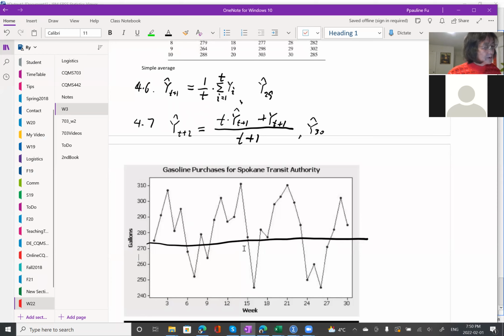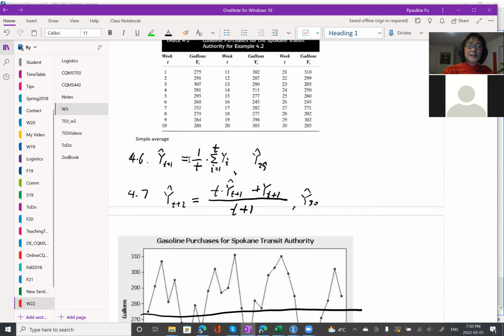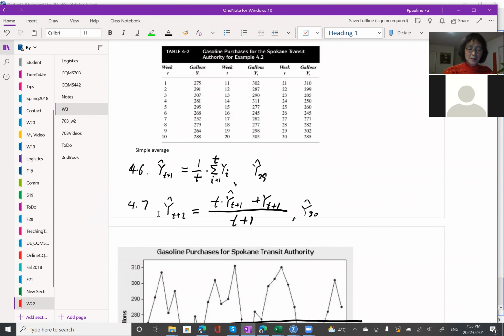So we just use the average. To forecast, use formula 4.6 in the textbook. If I want to forecast y hat 29, remember that 29 is the same as 28 plus 1.